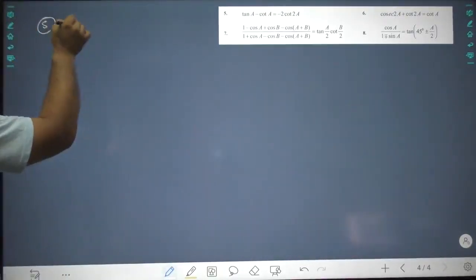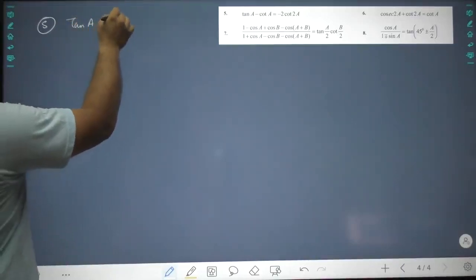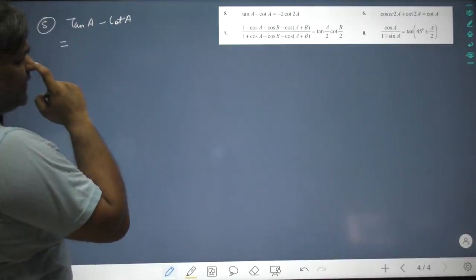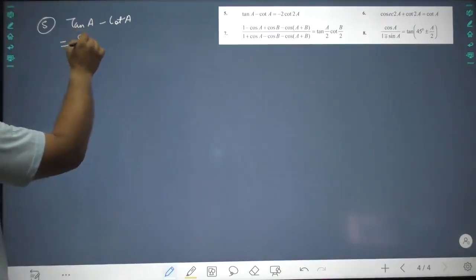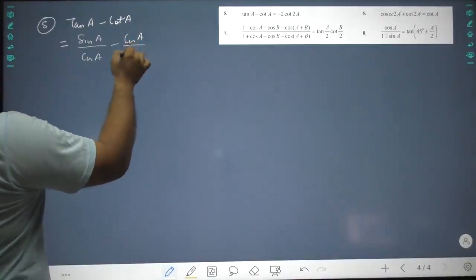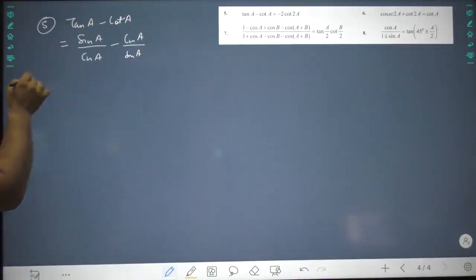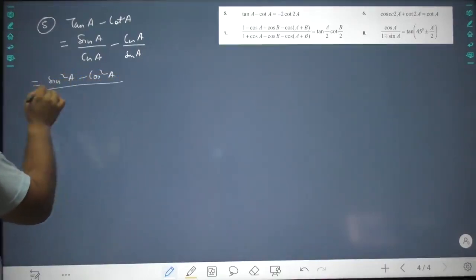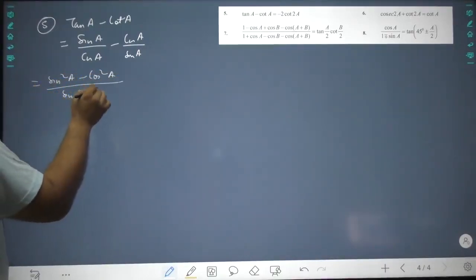5th question, on the left hand side we have tan a minus cot a. So I think we can play with this in many ways. Let us go for sin and cos. Sin a upon cos a minus cos a upon sin a. There are other ways also of doing it. So this comes out to be sin square a minus cos square a upon sin a cos a.